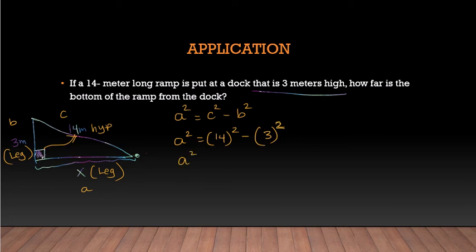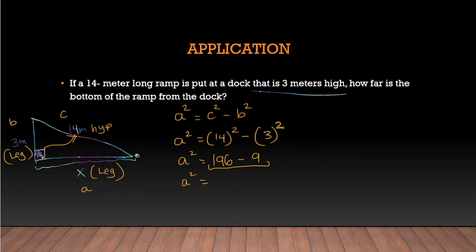Okay, so A squared equals 14 to the power 2 on your calculator. If you can, pause the video and type 14 times 14. What do you get? That is 196. 3 to the power 2 is 9. So we are going to subtract 9 from 196.